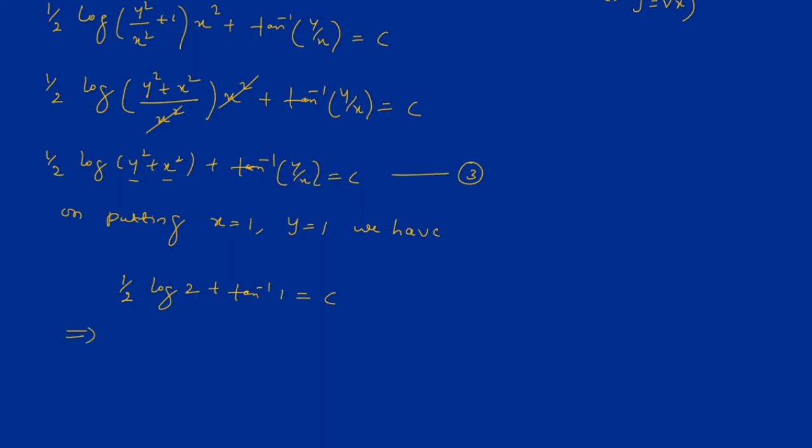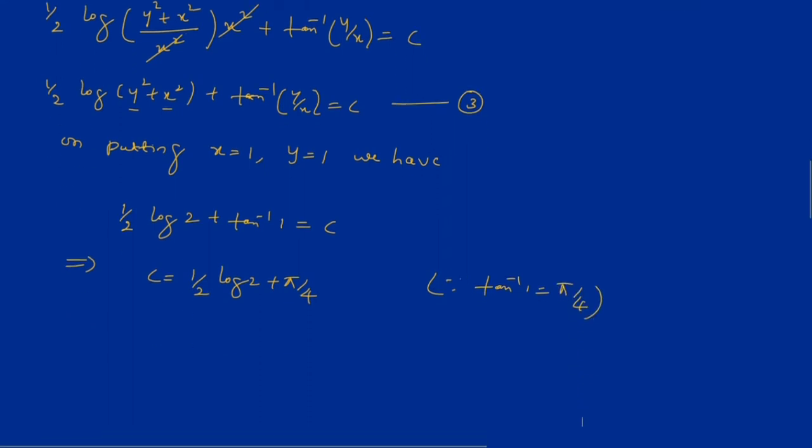Therefore c equals 1 by 2 log 2 plus pi by 4, because tan inverse 1 is pi by 4, right?